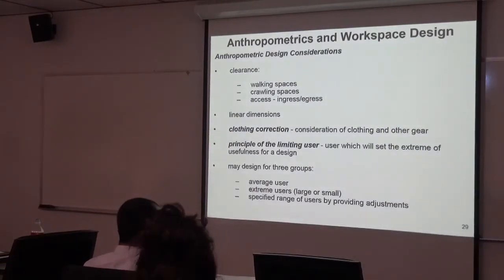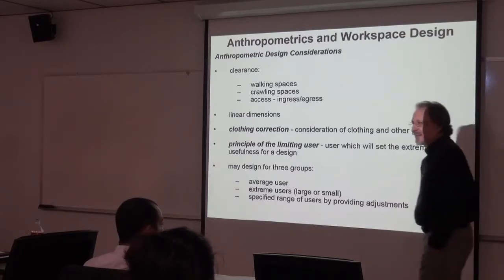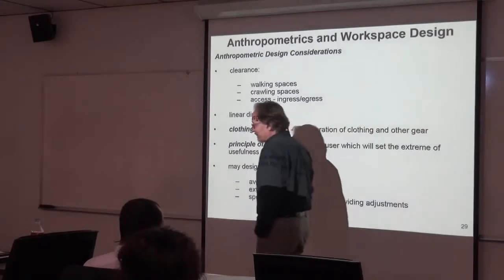So, a good example is, let's say I'm designing a scaffold. What do I want to accommodate? The 5th or the 95th percentile? 95th being the heaviest, and the 5th being the lightest. 95th, right. So that means that the heaviest user, the 95th percentile, is your limiting user.